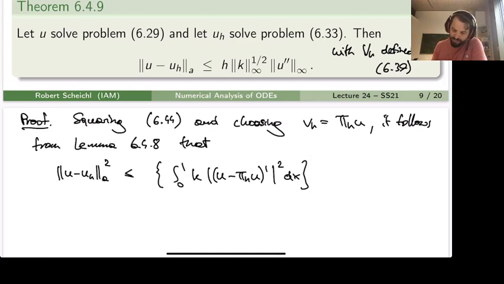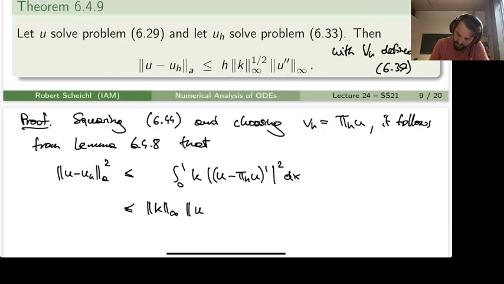So this is less than or equal to the maximum of K times what's left here, the square of the first derivative of U minus pi HU, so I can pull that out as well, because U is two times continuously differentiable.